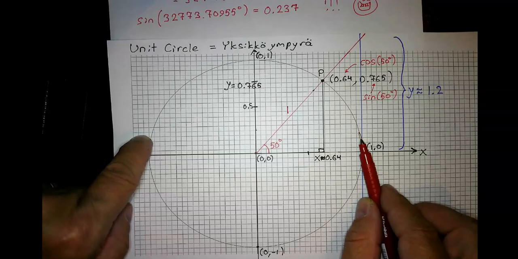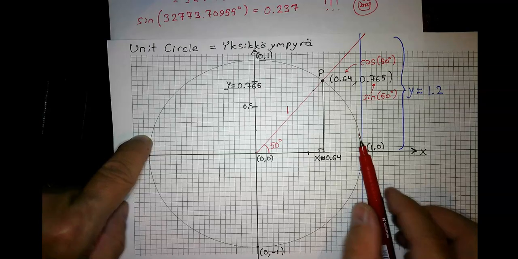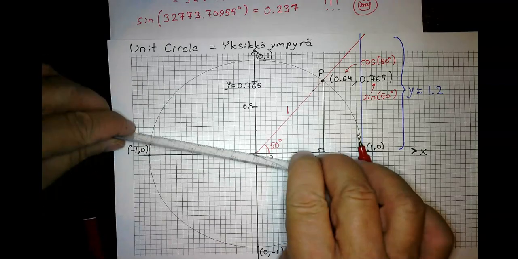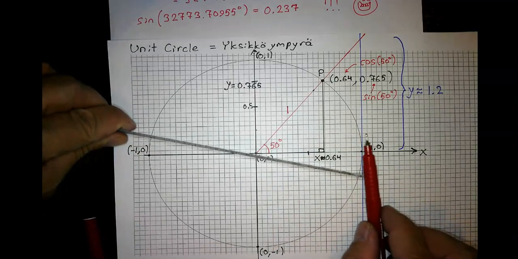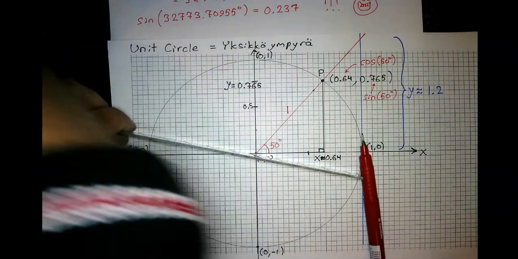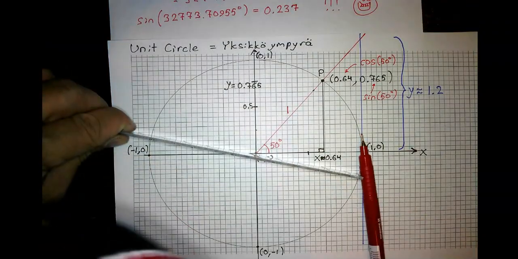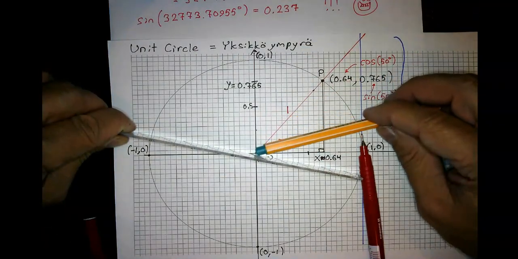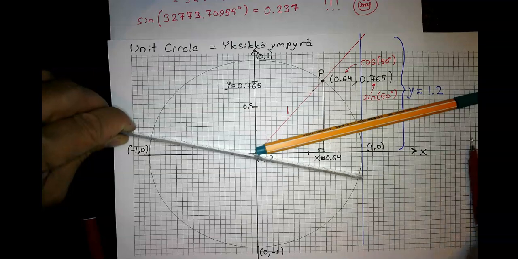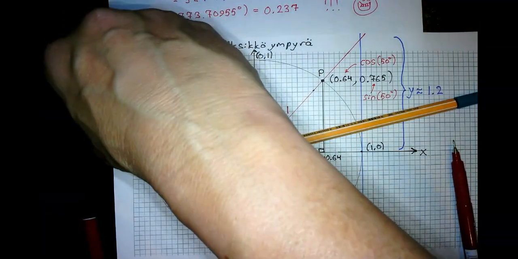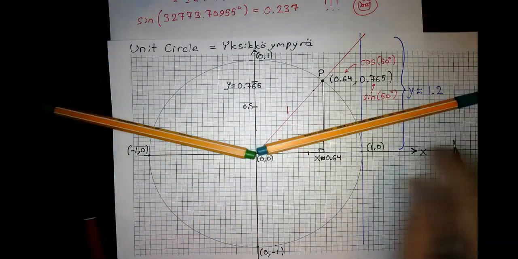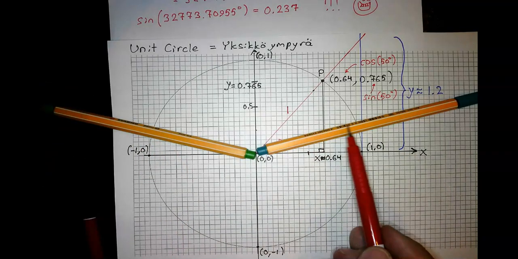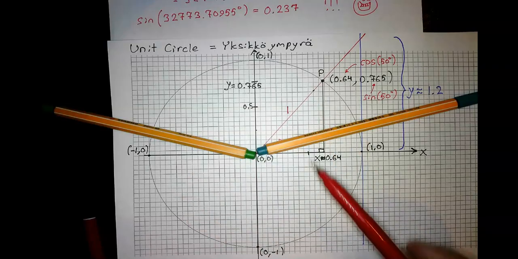And this point is also a solution, or this angle here is also a solution for this problem. So the first solution we got was about this angle here, and the other solution is this angle there. They both get the same value of y in the circle there.